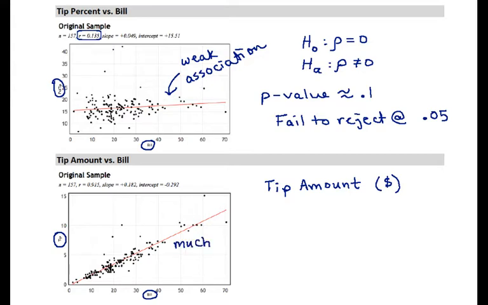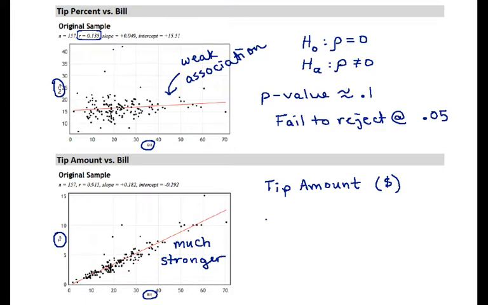If tips were all exactly 20%, then we would see a perfectly linear association. So this is a much stronger association. Since tips are generally between 10 and 20%, we see everything enclosed in between about 10% and 20% slopes here.